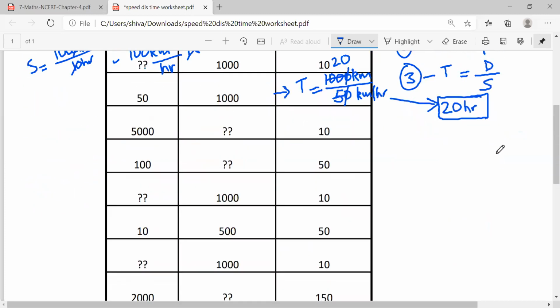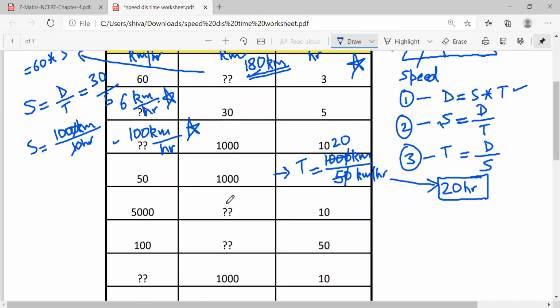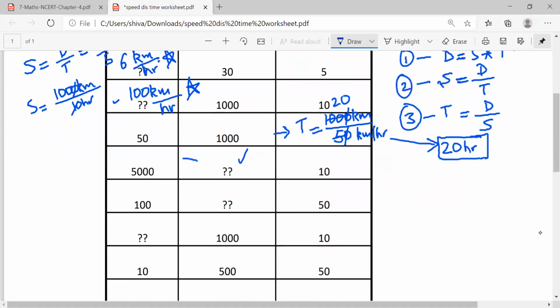Yeah. Okay. So what is the answer here? What is the distance here? So 50,000 kilometers. So my distance is speed into time. My speed is 5000 multiplied by time. My time is 10.